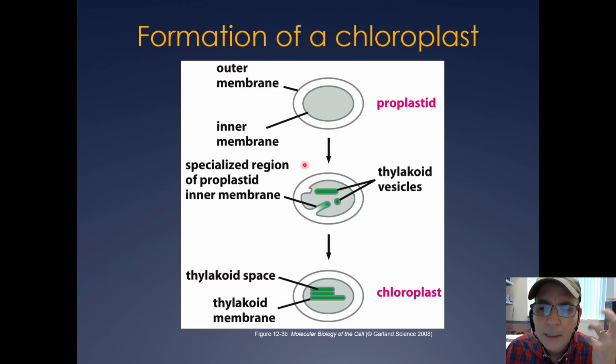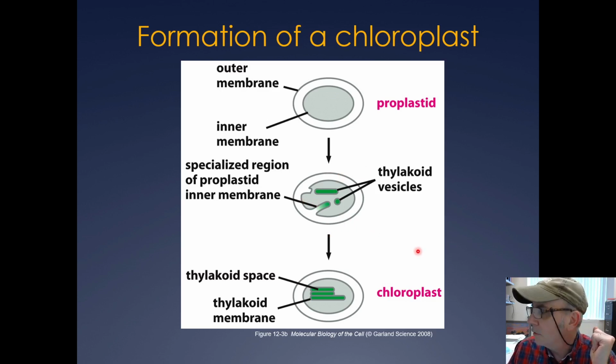But once again, this is a great model for understanding how these different compartments in a cell evolved, right? Because you can actually watch this happen in plant cells, these formations of plastids from proplastids.